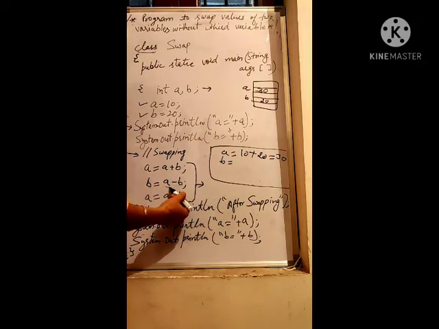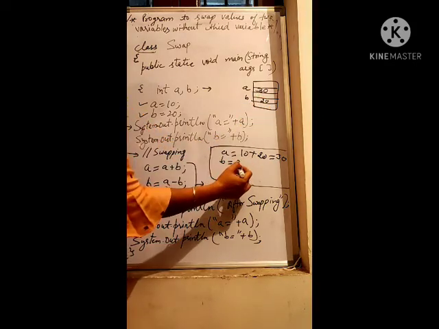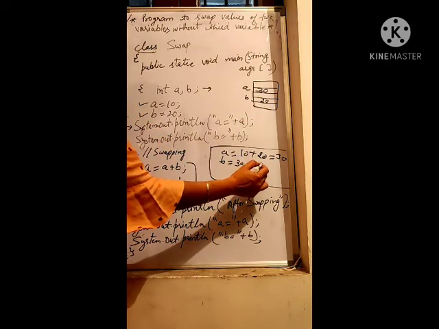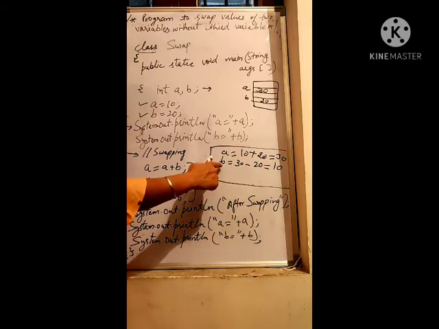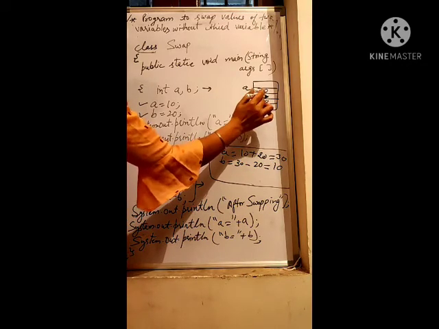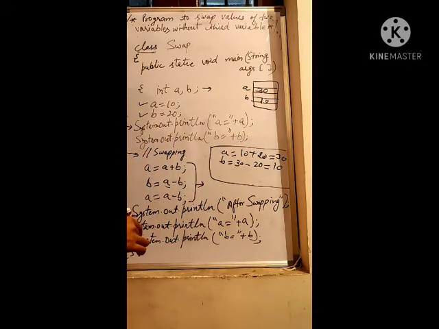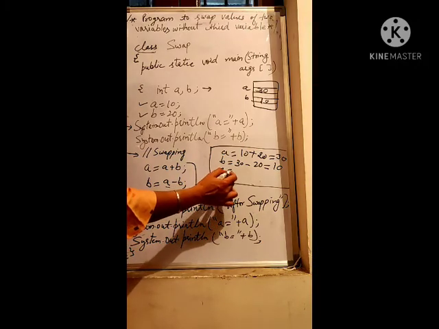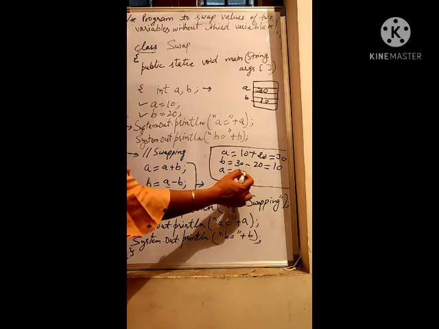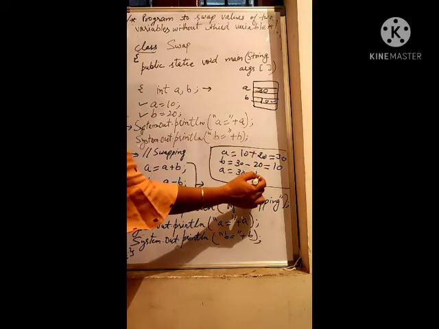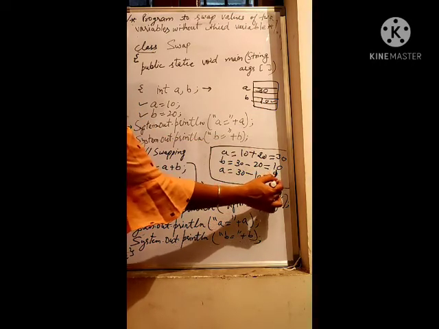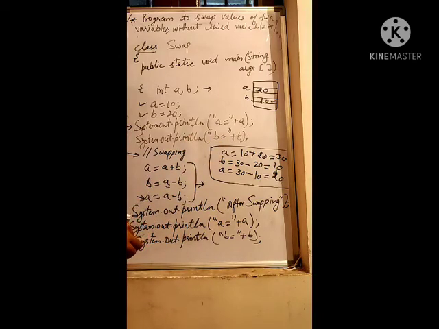So what is the value of a now? 30 minus 20, 10. Now the value of b is updated in the memory as 10. In the third statement, a is equal to a minus b. Now what is the value of a? 30. Value of b, 10. So it's 20. 20 is stored in variable a.